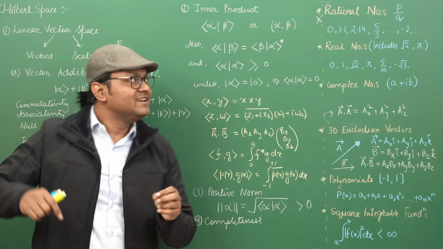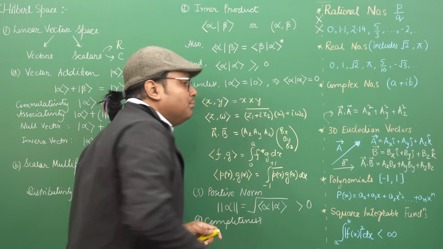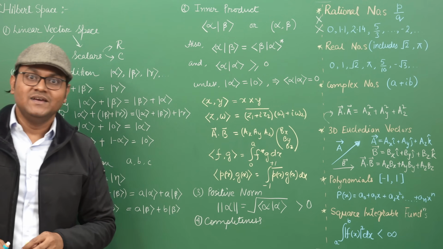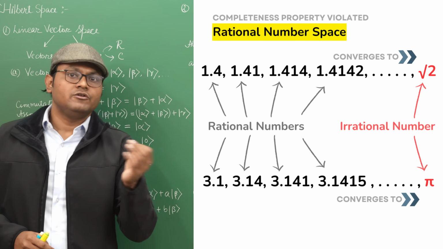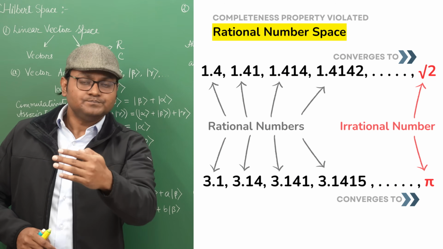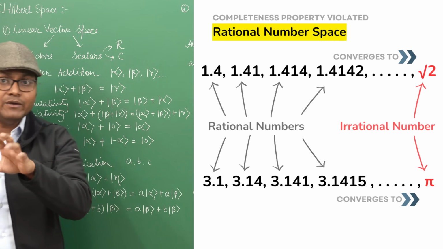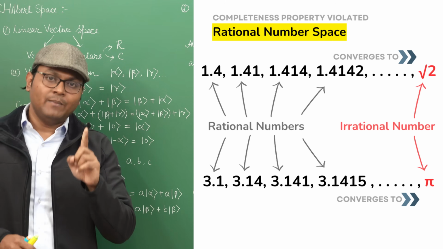That means rational numbers do not satisfy completeness. The same can be said about pi. I can take rational numbers 3.1, 3.14, 3.141 and so on, which finally converge on pi, which is an irrational number. Therefore, rational number space is not a complete mathematical space.